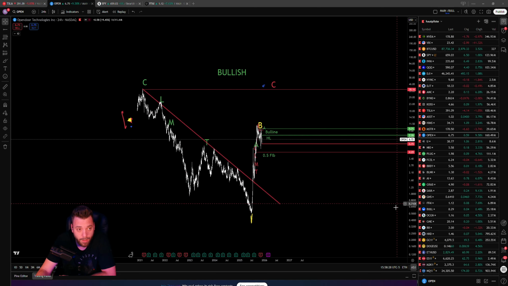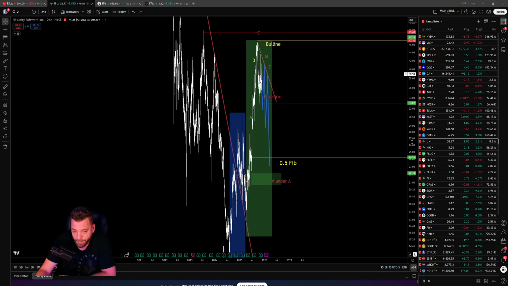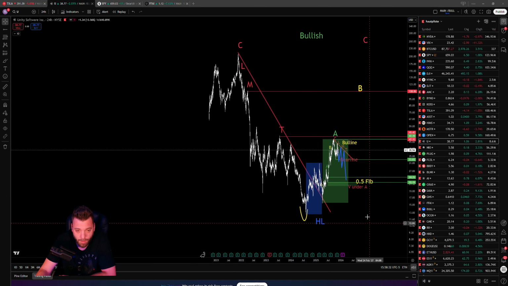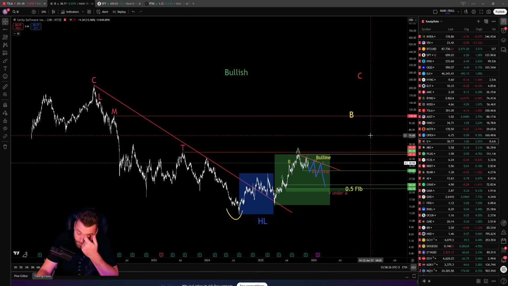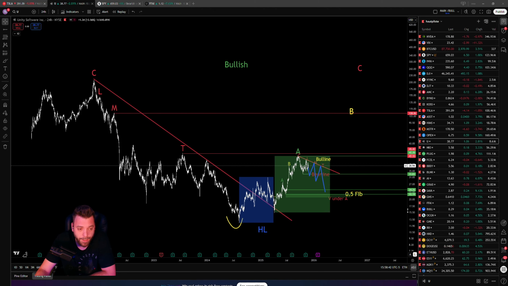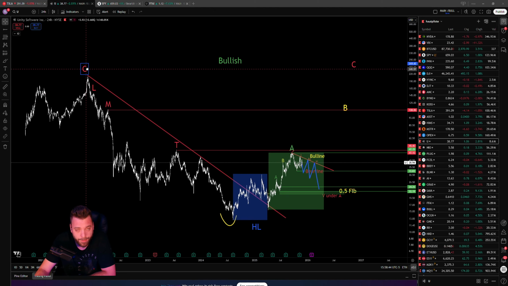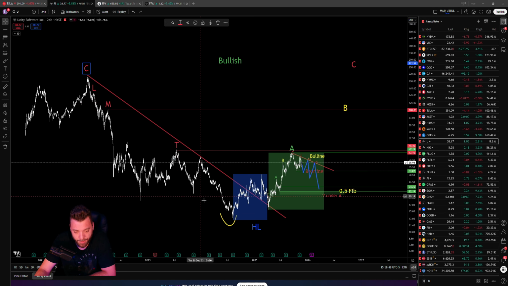Okay. Next one. Unity. So. Also only a bullish chart. But in the short term, it should be bearish. For Unity, you have here your C, lower peak, midpoint, perfect T, V. This is your high low.